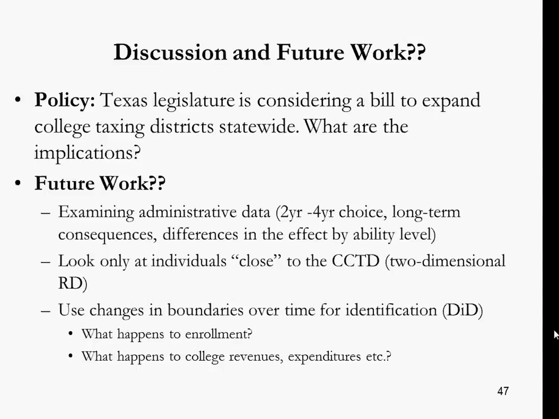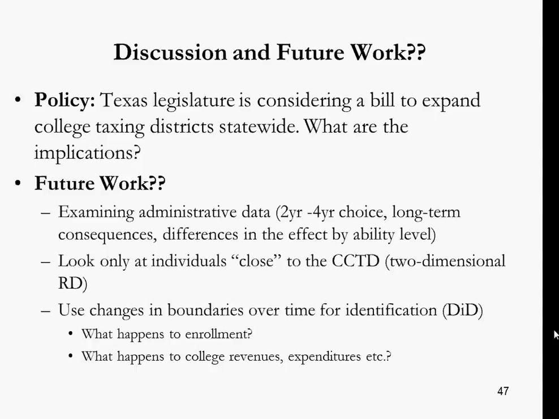The other thing we're doing is looking only at individuals around the boundaries, and in particular boundaries that aren't school boundaries, looking at this tie-about type of sorting, but also at the effects of the tuition differential. Here we're going to have to use a 2-dimensional RD because these boundaries look weird.